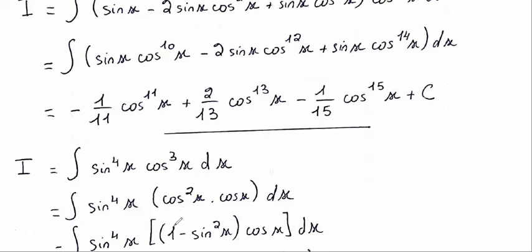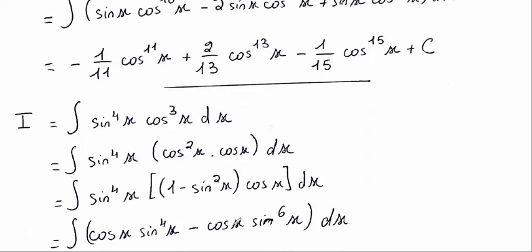And cosine squared, I'm going to replace by 1 minus sine squared. So I will get sine to the power 4, times 1 minus sine squared, times cosine. I will expand all of these, and I will get cosine x times 1 times sine to the power 4, so cosine x sine to the power 4 minus cosine x times sine squared times sine to the power 4, so minus cosine x times sine to the power 6.